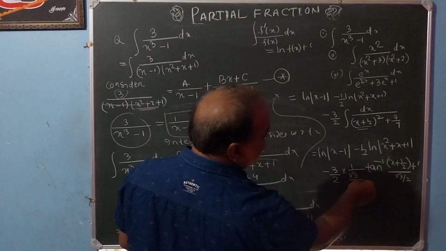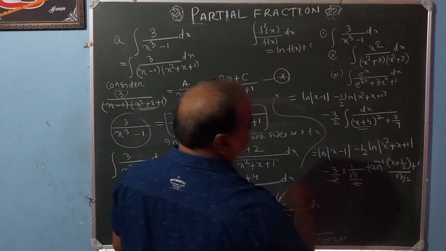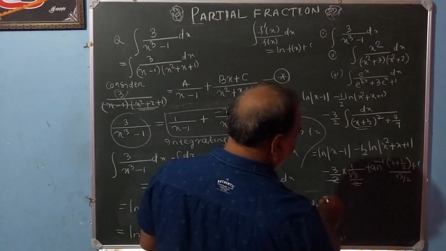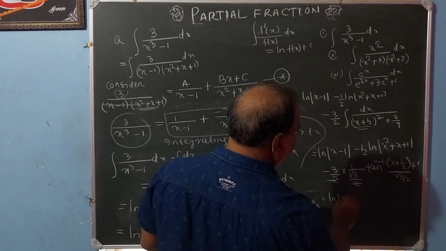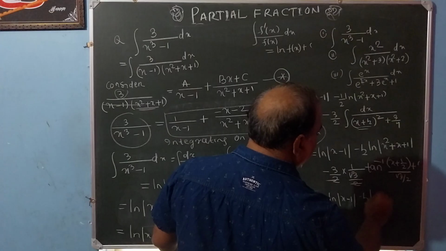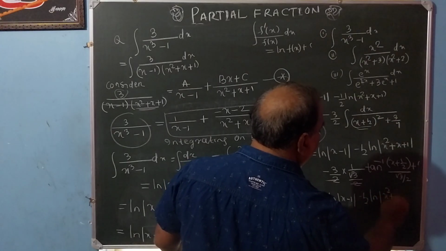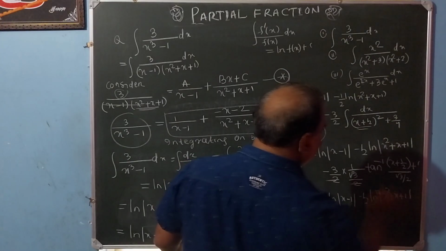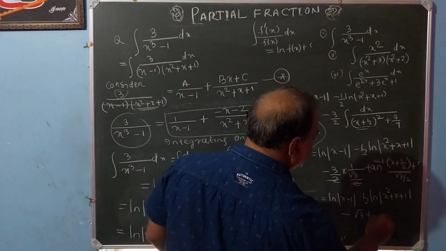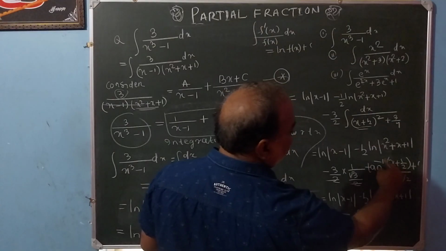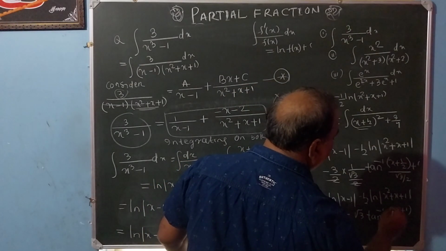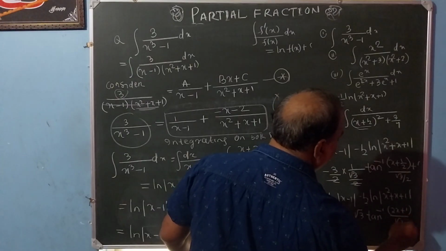So this 2 is cancelled with this 2. Okay, so minus 3 root 3, that will be simplification ln(x minus 1) minus half ln(x square plus x plus 1). So simplification, minus root 3 tan inverse, taking LCM, (2x plus 1) divided by root 3 plus c.